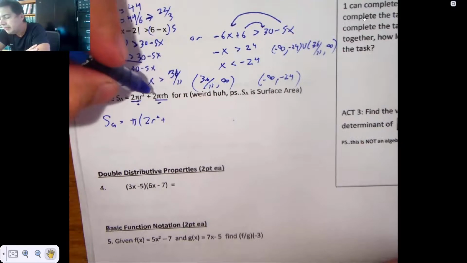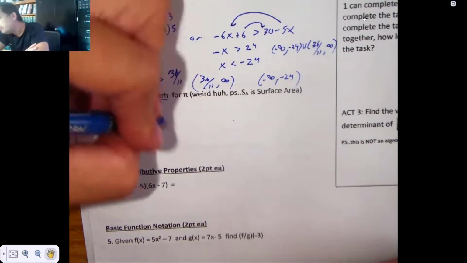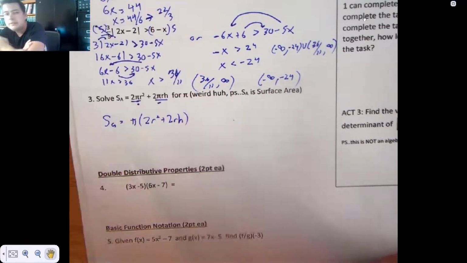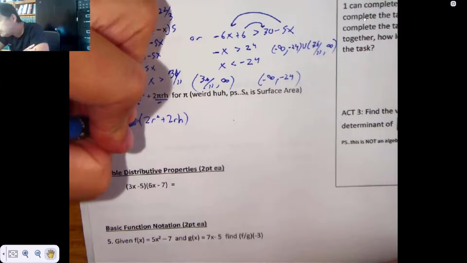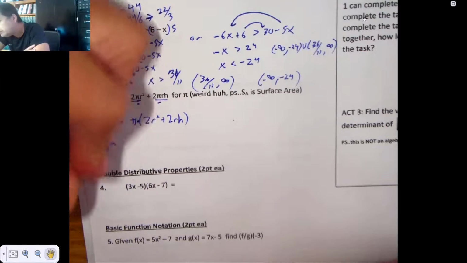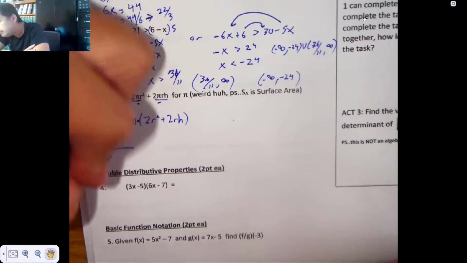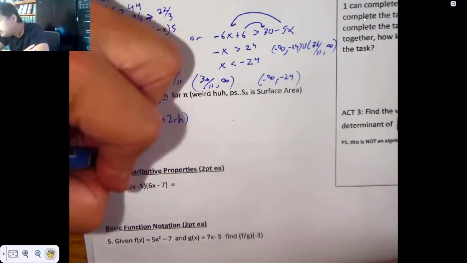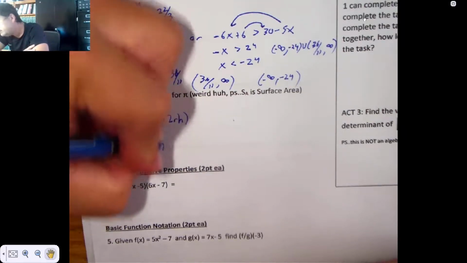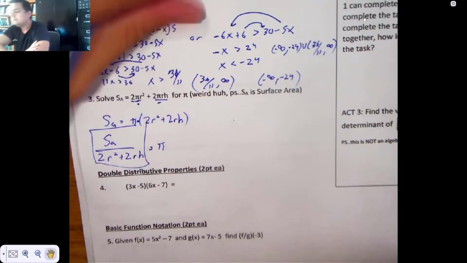If I pull pi from 2 pi rh, I have 2rh. So surface area is pi times 2r squared plus 2rh. There's an understood multiplication symbol right here. The opposite of multiplication symbol is division. So I'm going to divide both sides by 2r squared plus 2rh. And that is pi. And it's done.